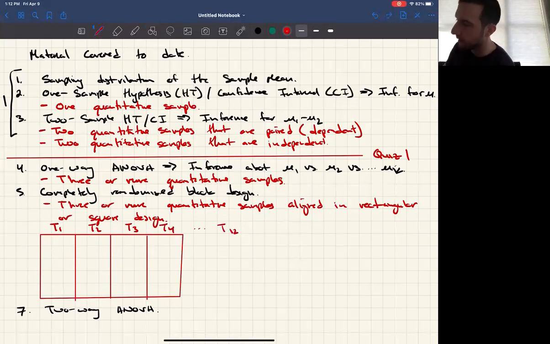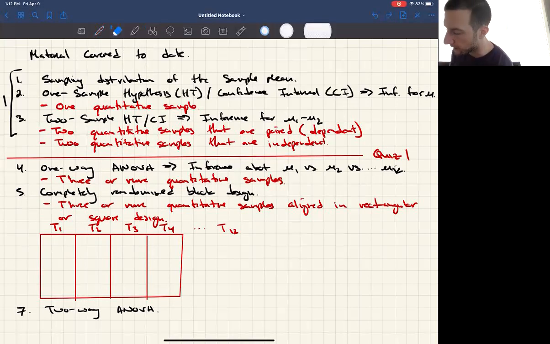And then the other issue here is that you have some blocking variable that's also incorporated into the design.